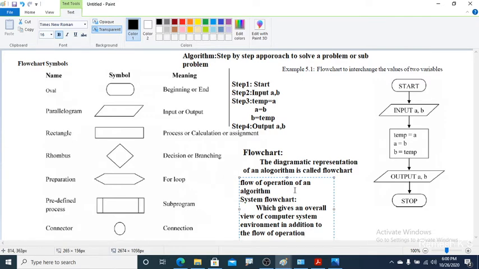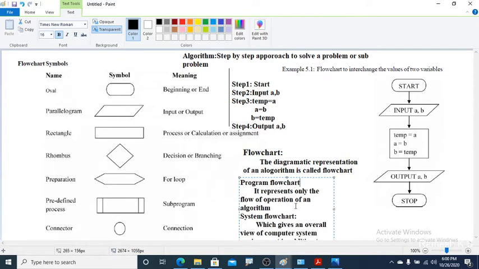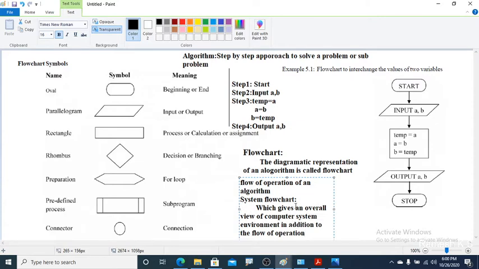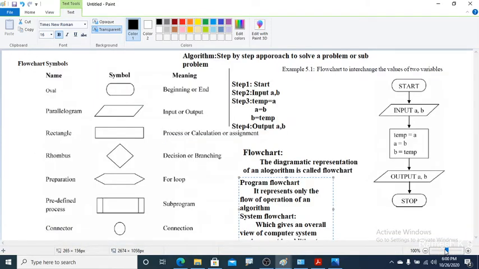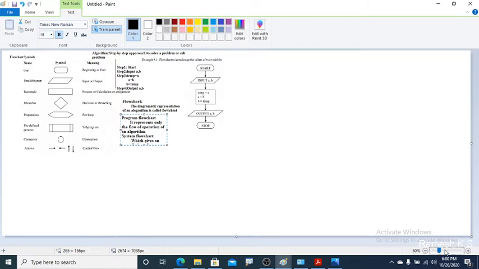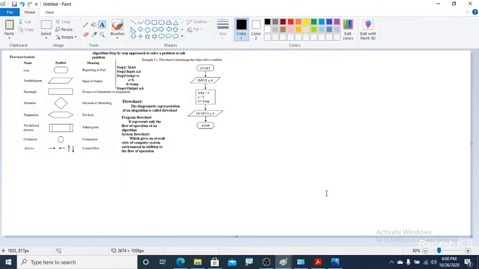So this is the system flowchart. Let me drag this one so that you can view this explanation.